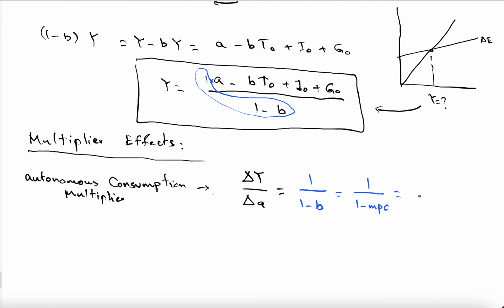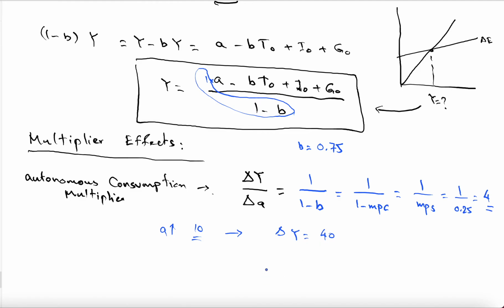And we know that 1 minus MPC is MPS. And if B was 0.75, this is going to be 1 over 0.25, which is 4. So it means that if A is increasing by, let's say, 10 units, therefore the equilibrium income is increasing by 40 units, because 10 multiplied by 4 becomes 40.